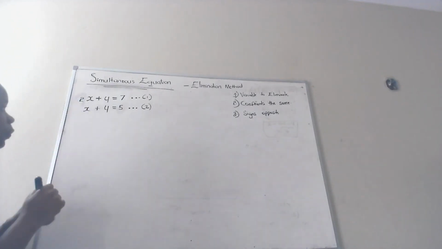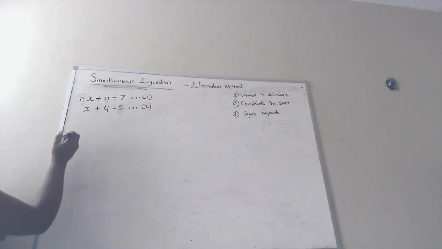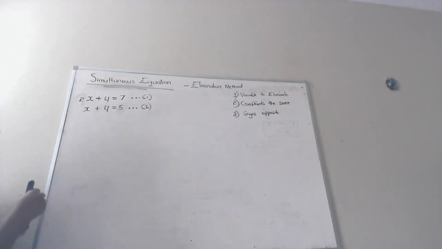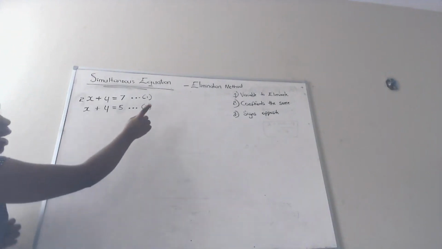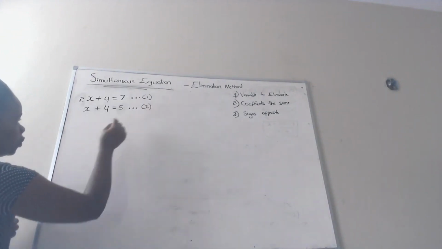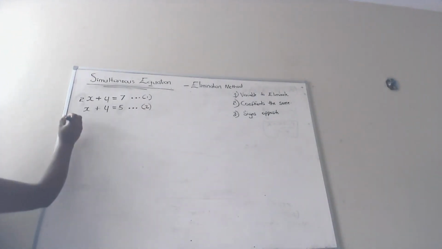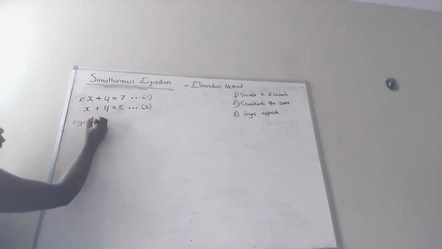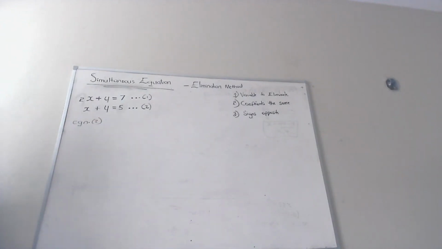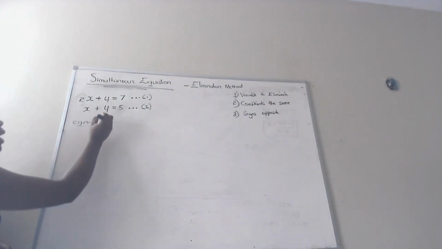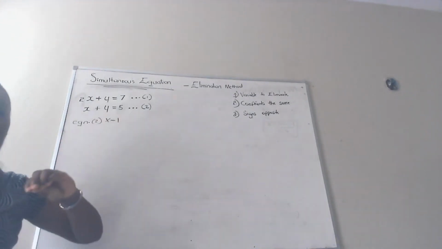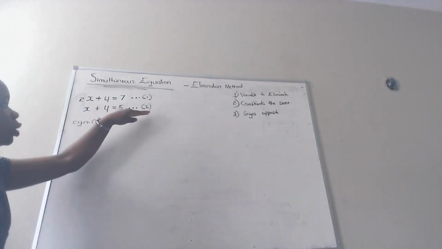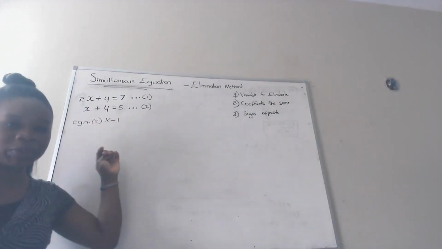So we're going to choose which equation we want to make y minus in. I'm going to choose equation 2. We're going to multiply equation 2, EQN is short for equation, by minus 1. We will multiply everything in equation 2 by minus 1.